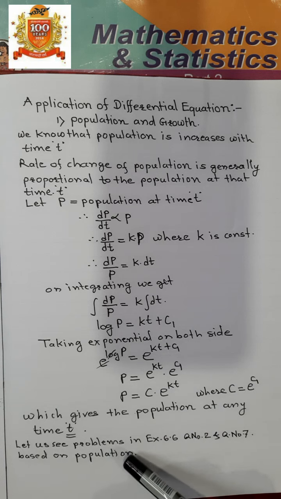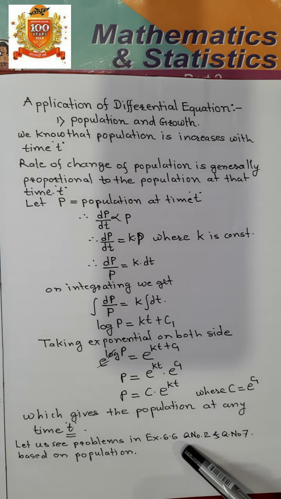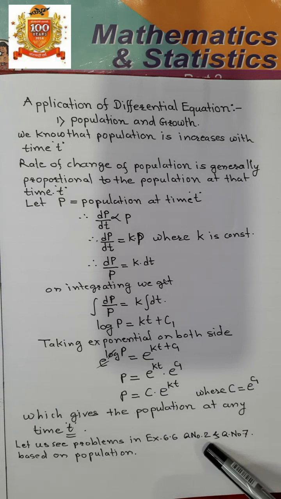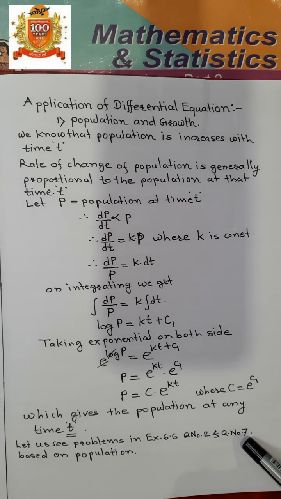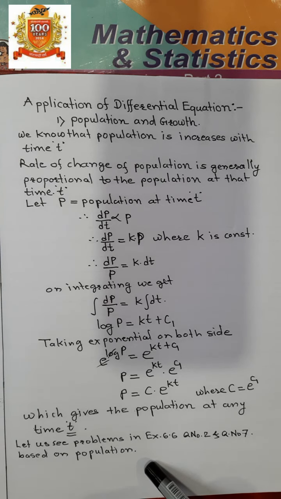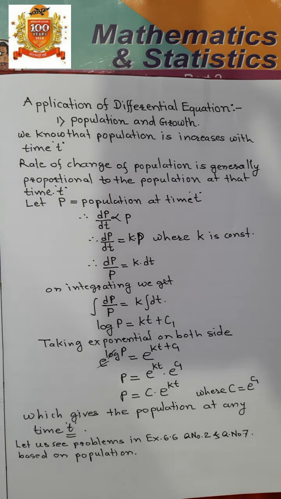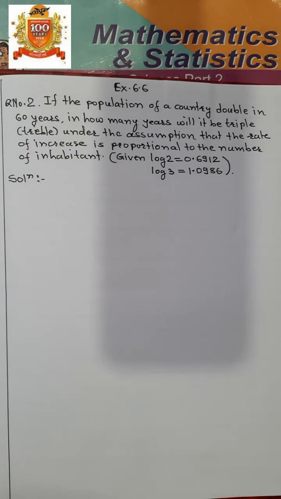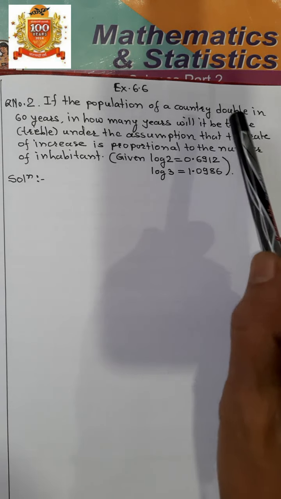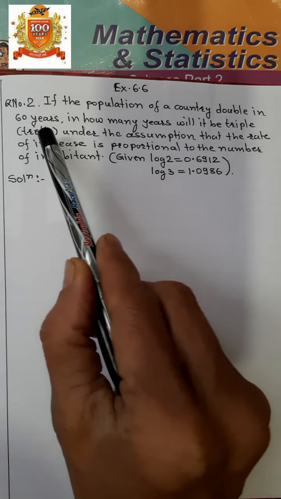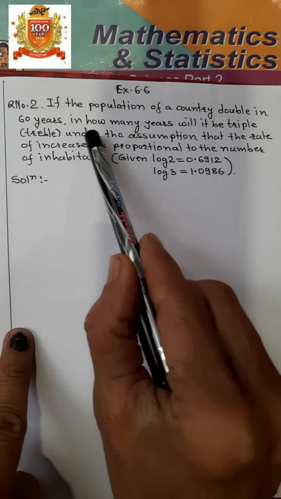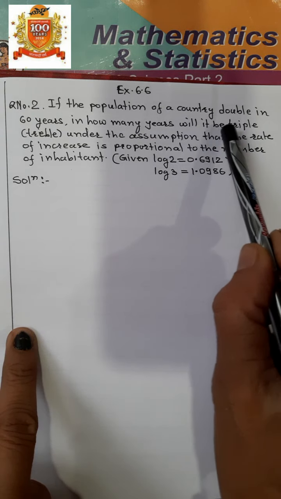Let us see problems in exercise 6.6, question number 2 and question number 7 based on population, isn't it? Let us see question number 2 first. If the population of a country doubles in 60 years, in how many years will it be triple?